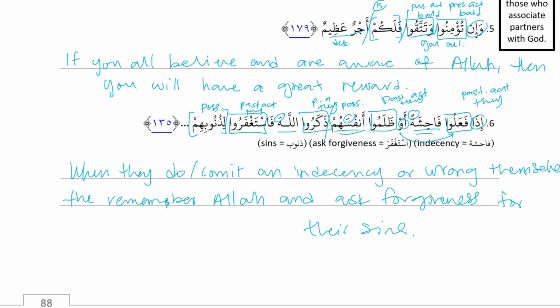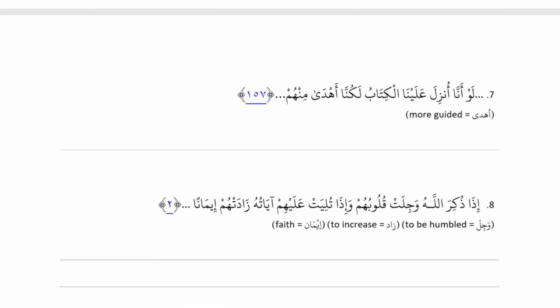Okay. Number 7. لو أن أنزل علينا الكتاب لكنا أهدى منهم. Okay. So conditional. Okay. And law is the conditional word. And anna is a sentence starter and it's noun. Okay.